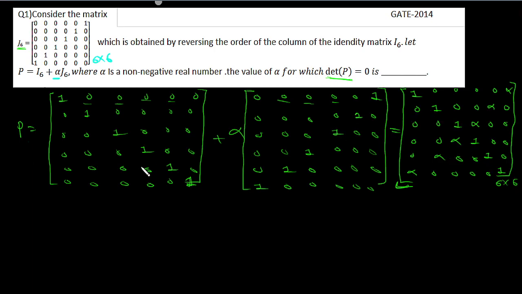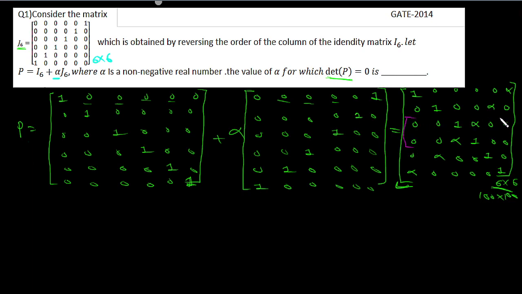We know that if any two rows of a matrix are similar or linearly dependent, then the determinant of the matrix is 0. It does not matter the size of the matrix, even if it is a 100 cross 100 matrix.